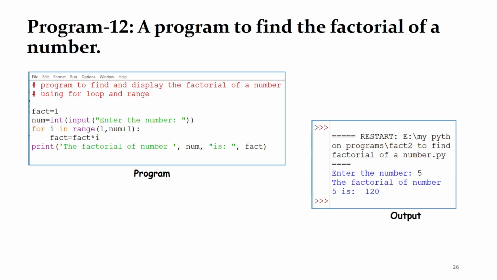Now factorial became factorial into 2, that is 1 into 2, so the factorial when i became 2 was 2. In the next iteration when i became 3, my last value of factorial was 2. It became 2 into 3. Then again it reached here, and i became 4.